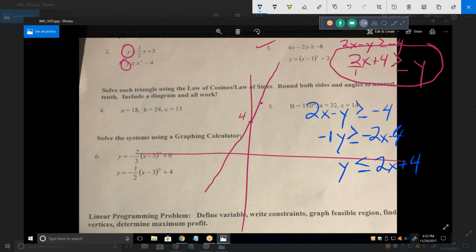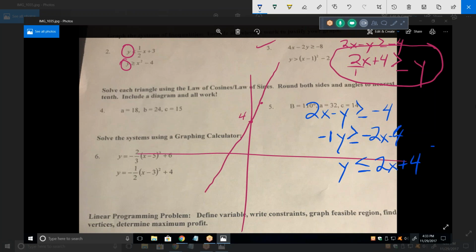Wait, I divided every term by -1, so I also have to switch the inequality. Is that only when you divide by a negative? Divide or multiply. Not add or subtract. You do not have to do it for any addition or subtraction, but dividing or multiplying, yes.